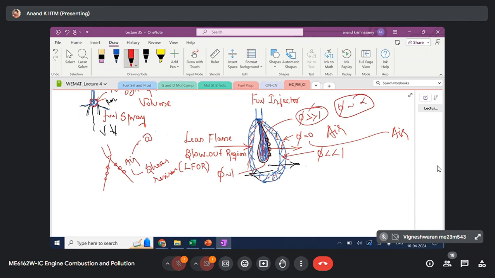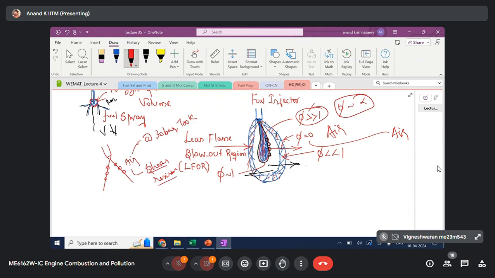Typical conditions I have already discussed, 30 bar and 700 K. This is a function of the compression ratio of the engine. So when you spray fuel at high velocity due to high pressure, you have air inside the cylinder, and the air is offering resistance to the free movement of the fuel. We can say that this is offering some shear resistance to the free movement of the spray.